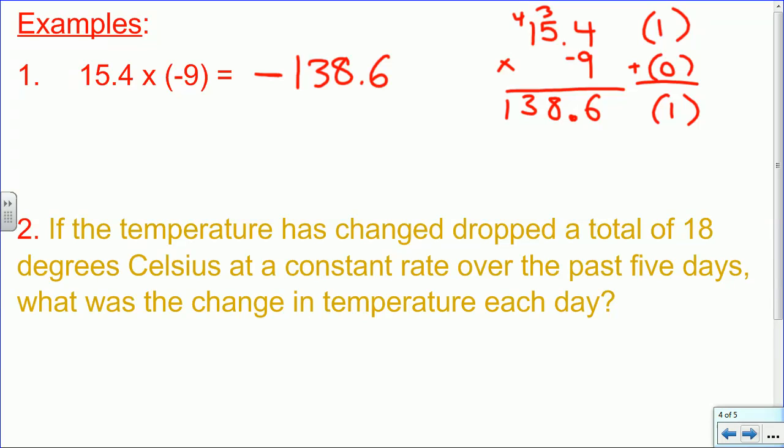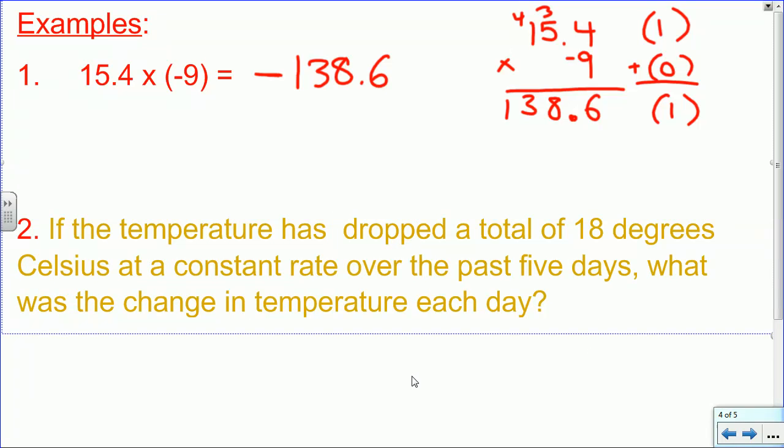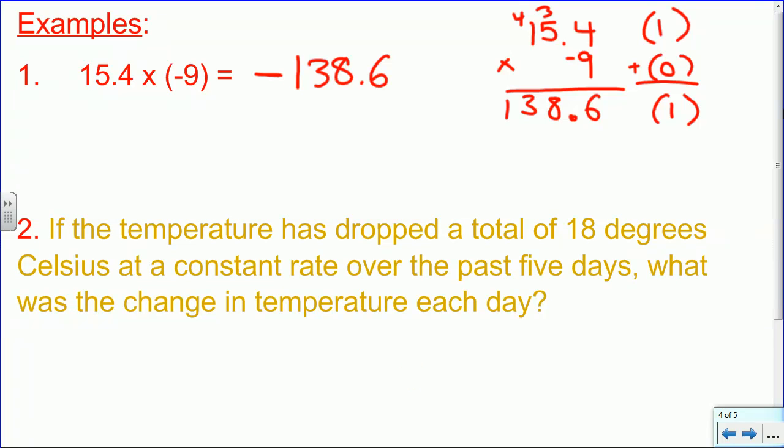Okay, example number 2. If the temperature has dropped a total of 18 degrees Celsius at a constant rate, so the same amount over the past 5 days, what was the change in temperature each day? We know the change is negative 18 because it dropped, and it's been the same each of the past 5 days.